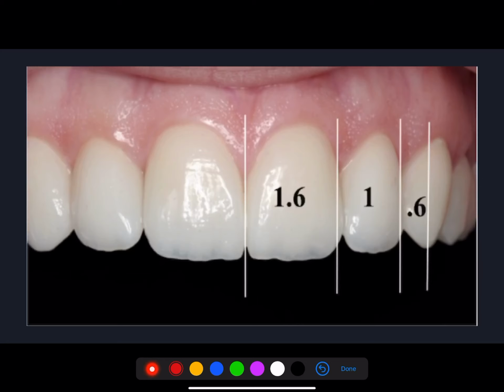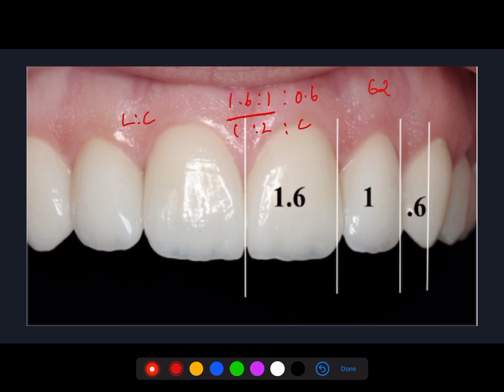And I hope this is a smile designing concept that is called the golden proportion. If they ask, the ratios are going to be 1:0.6:1:1:0.6. So see what they're asking, whether the central to lateral, or lateral to canine, or lateral to central. Based upon this, the value is going to change. It's going to be 62%.